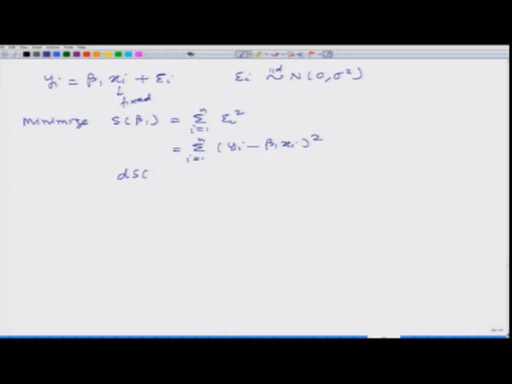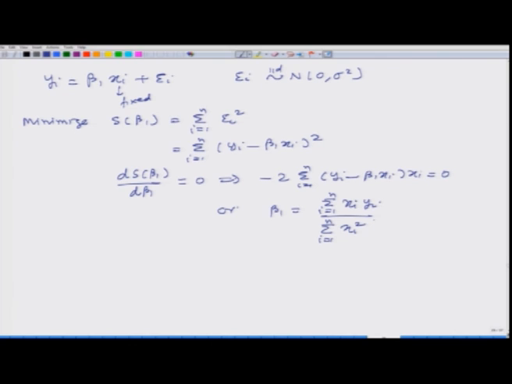Now, when I differentiate it with respect to beta 1 and put it equal to 0, this gives me minus twice the summation over i from 1 to n of yi minus beta 1 xi, times xi, equal to 0. When I solve it, this gives me the value of beta 1 as the summation over i from 1 to n of xi yi upon the summation over i from 1 to n of xi square. So, this is an estimator of beta 1.